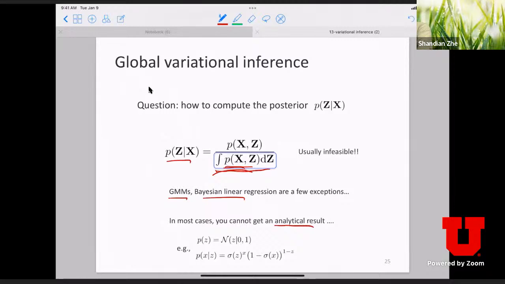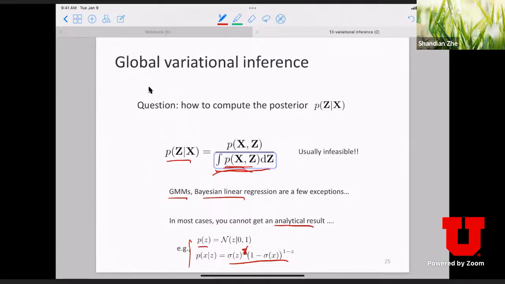Even for one-dimensional random variables, for example, suppose your z is just a scalar sampled from a standard Gaussian distribution. But given z, you sample x like this. This is just like logistic regression. You first transform z through the sigmoid function to get a probability, then use this probability to sample x. x is either 1 or 0.